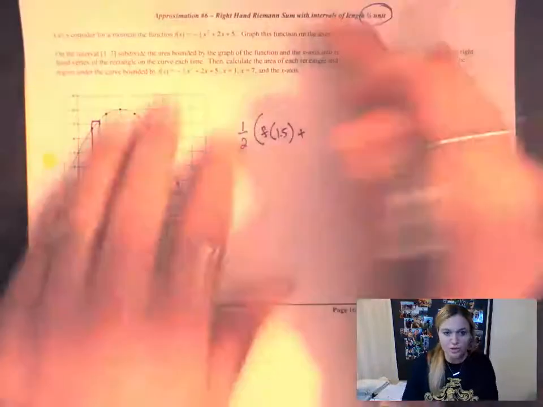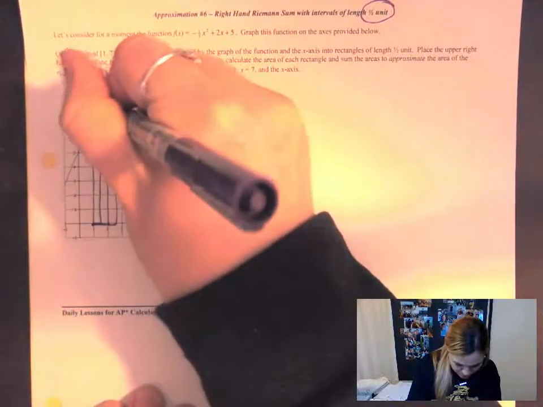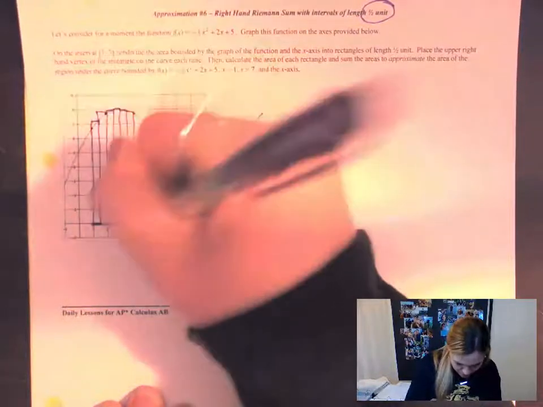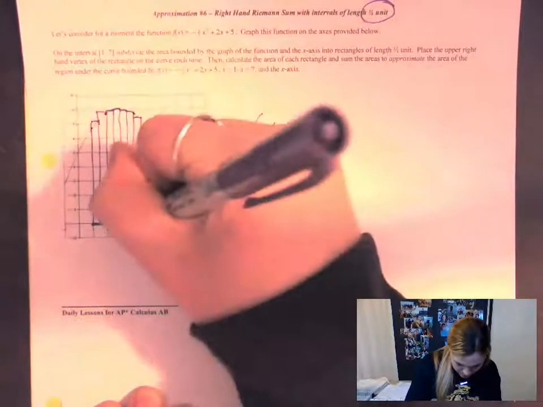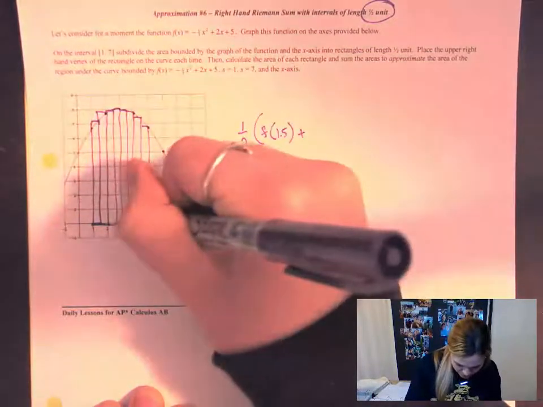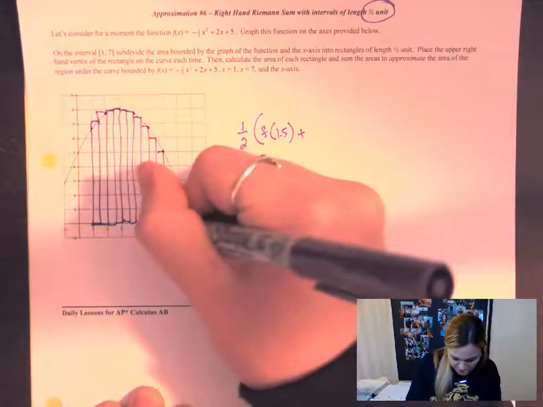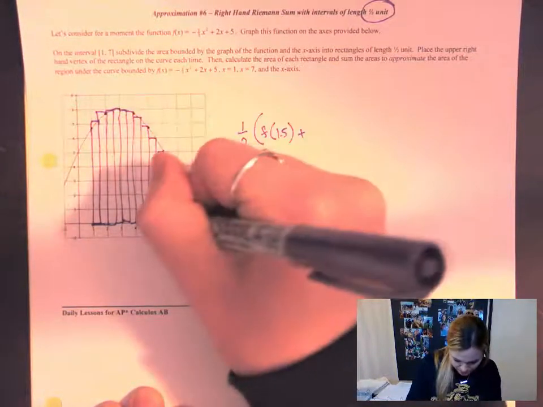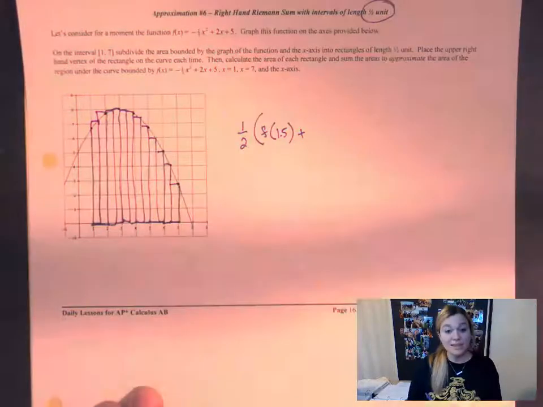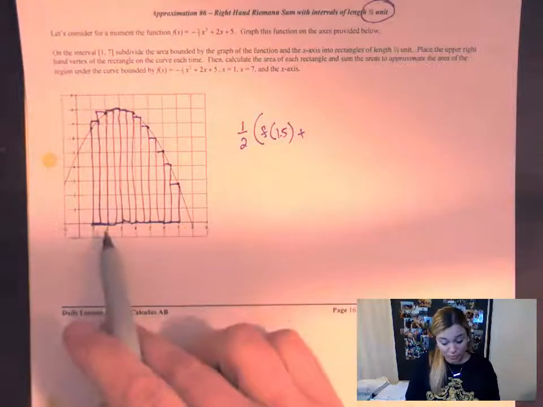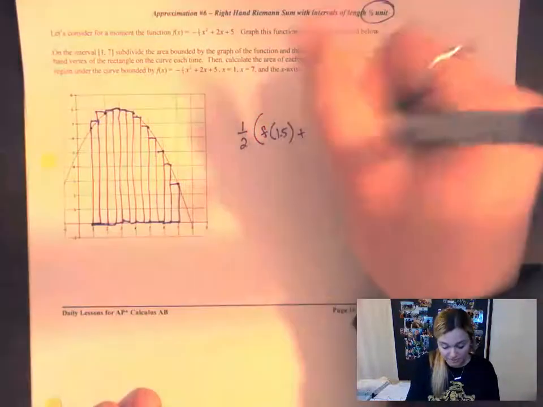You can too, or you can jump to the end in this one just because I feel like you've got the idea. Make sure all the right hand sides are touching, the whole way to 7. This is going to start at f of 1.5 and go the whole way until we get to 7.